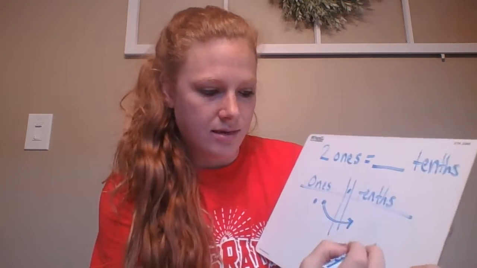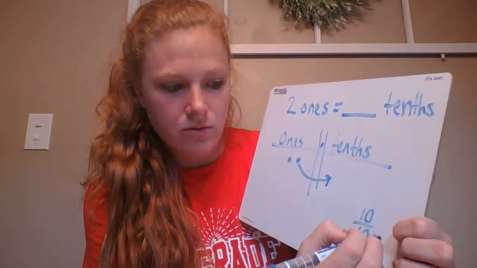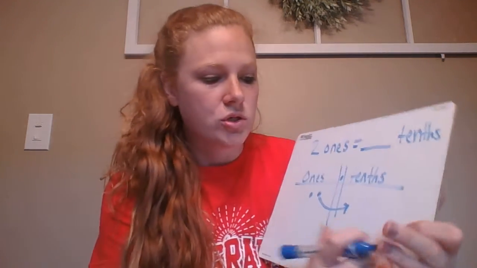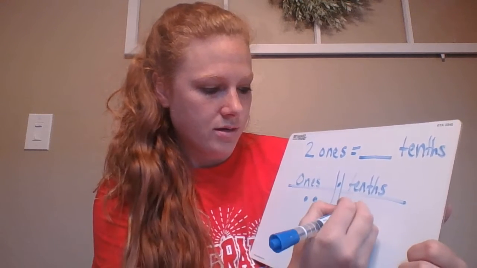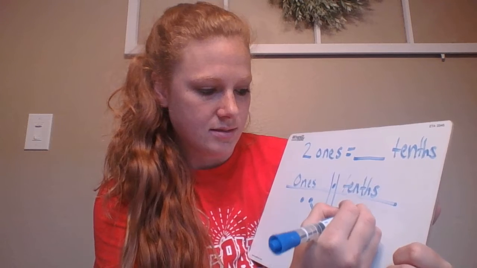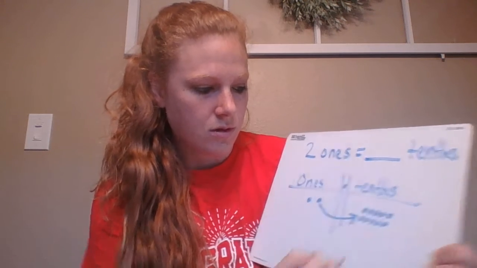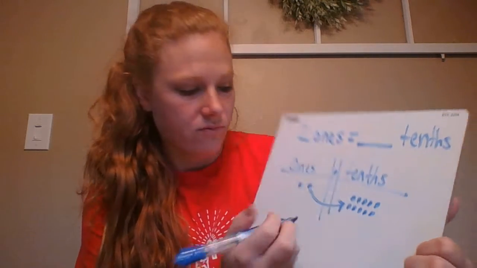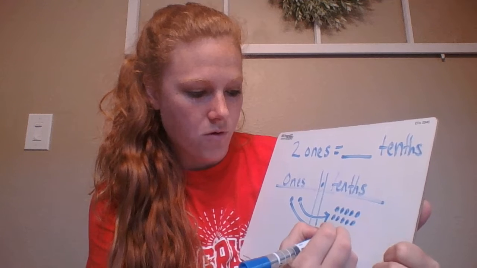That's like saying that 10 tenths, like this fraction, is equal to 1 whole. So for each one, I put 10 in the tenths. Okay, so that's for one of the ones. Now I move over the second one. I do 10 more.